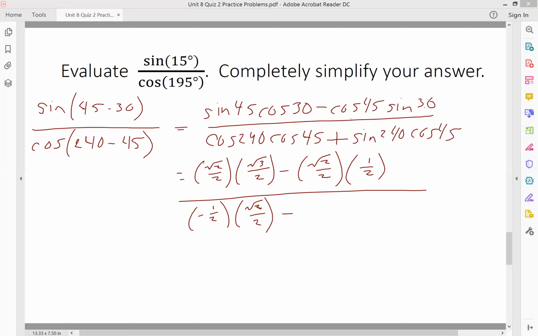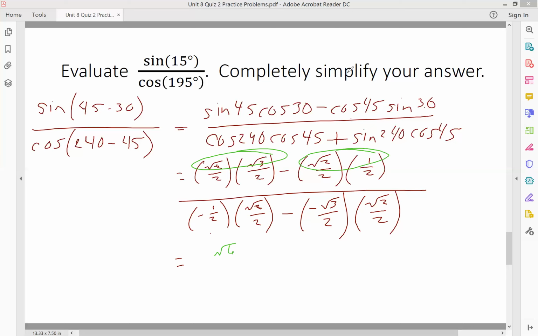Minus sine of 240, if the cosine is negative 1/2, and 240 is in quadrant 3, that's going to be negative root 3 over 2. And cosine of 45 is, again, root 2 over 2. All right, so then if I multiply those together and then combine them, square root of 2 times square root of 3 is square root of 6. 2 times 2 is 4.